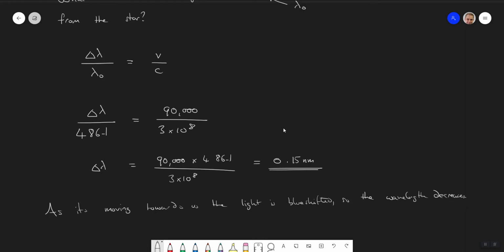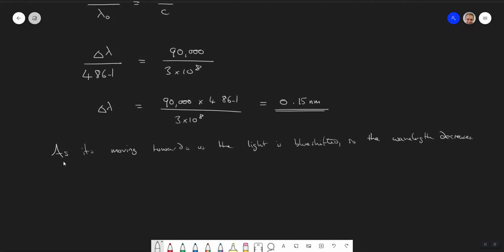So what we would measure, we measure 486.1 minus 0.15, so we measure 485.95 nanometers.